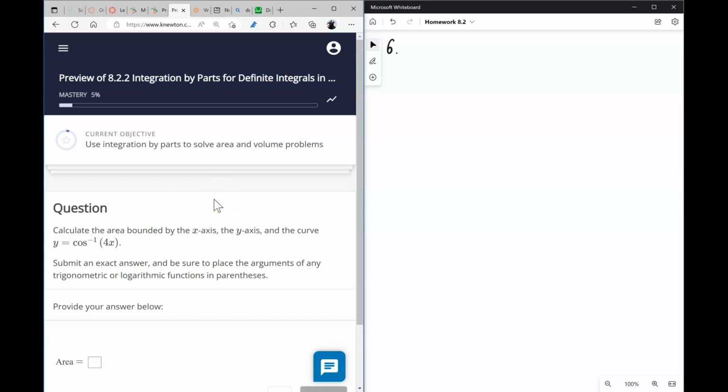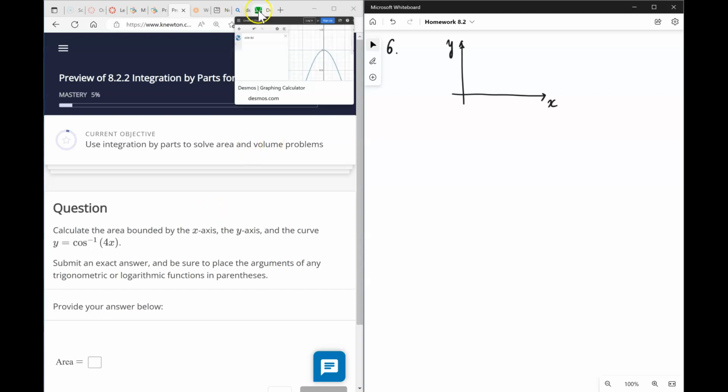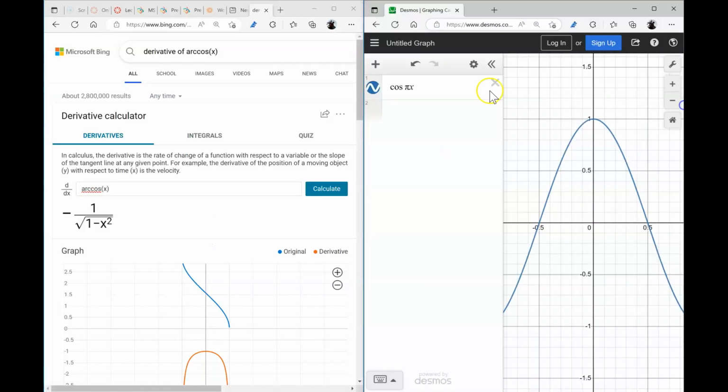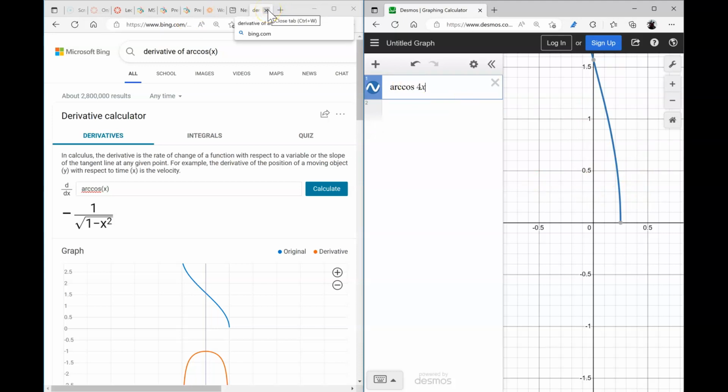Okay, so here we actually don't have an integral, so we have to find the area bounded by the x-axis, the y-axis. So here's my x-axis, here's my y-axis, and we have arc cosine of 4x. We're going to graph arc cosine of 4x.